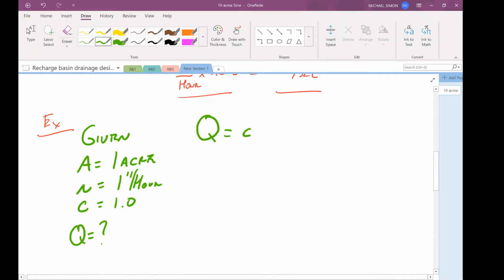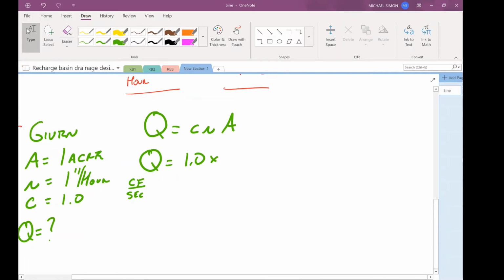Q is equal to CIA. So Q is equal to C, and I want to have this in cubic feet per second. Remember that because we're going to change all of our units as we go through this. So 1.0, that's unitless, times the intensity.